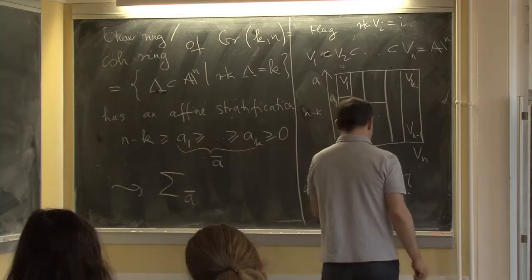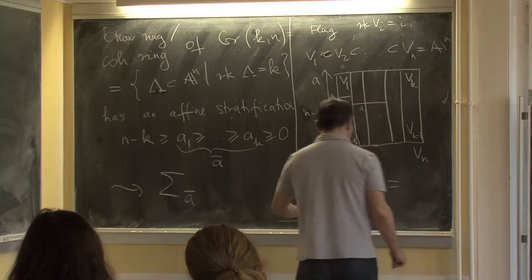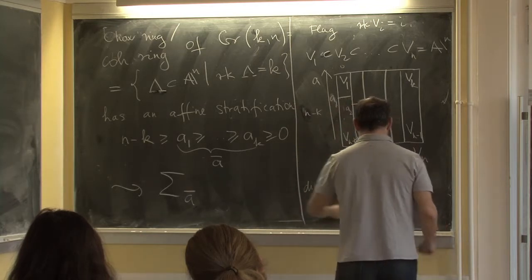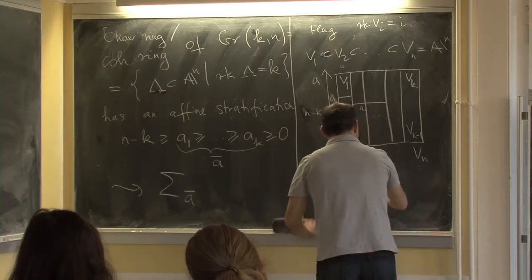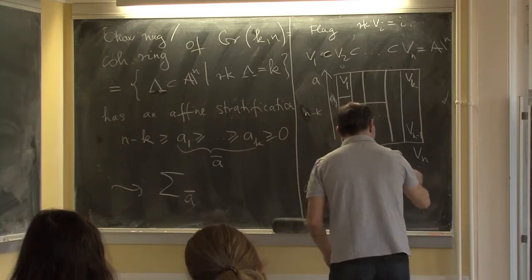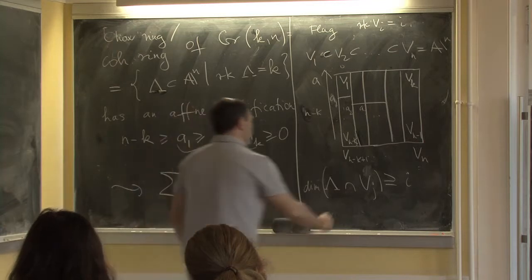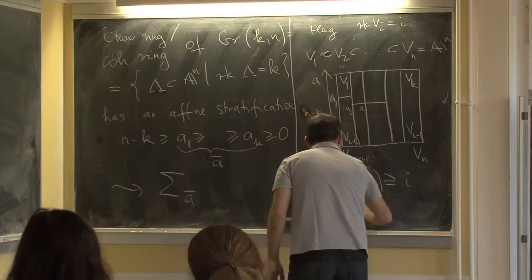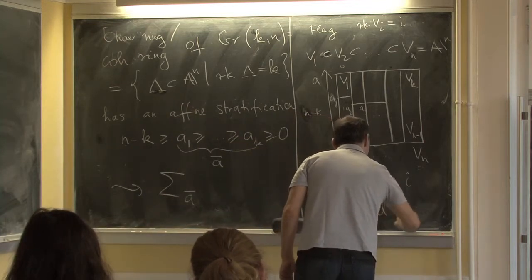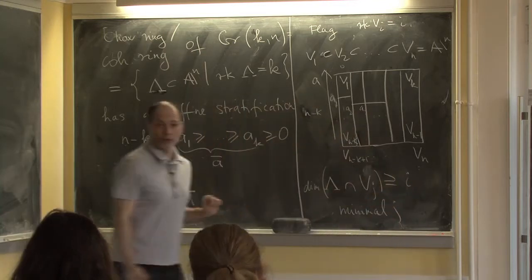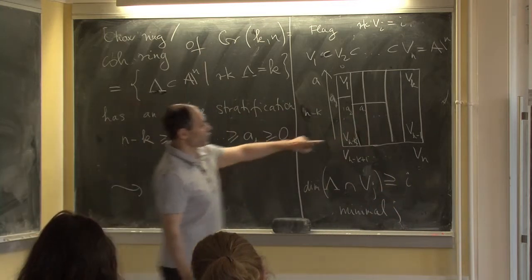So more precisely, we are looking for this condition, or greater than or equal, and we are looking for the minimal j which satisfies this condition, okay? And that's what's shown here.